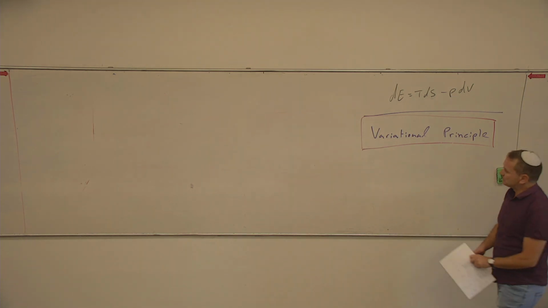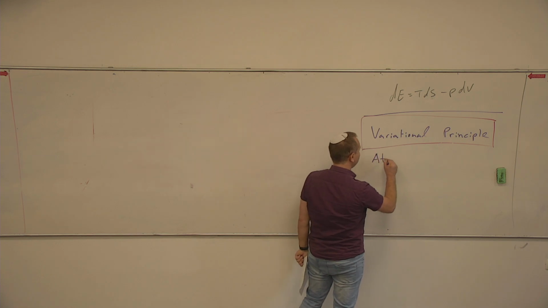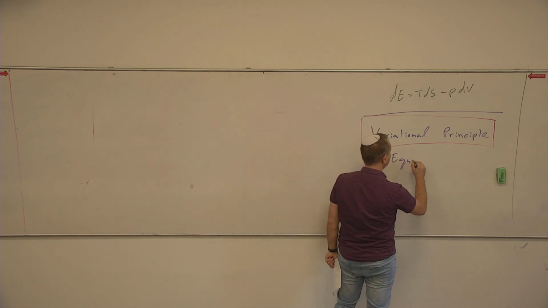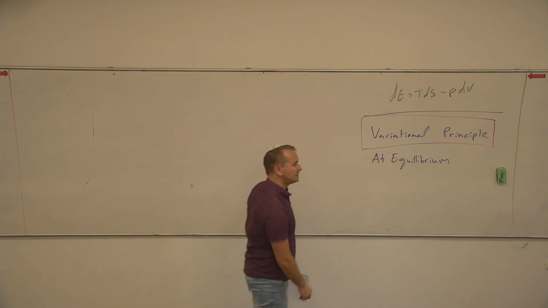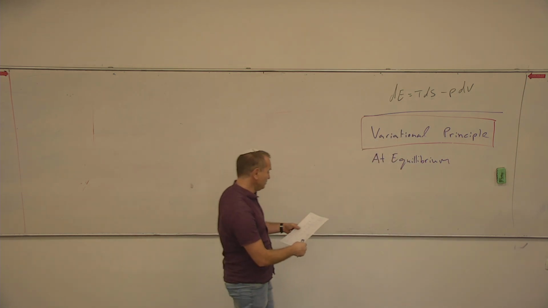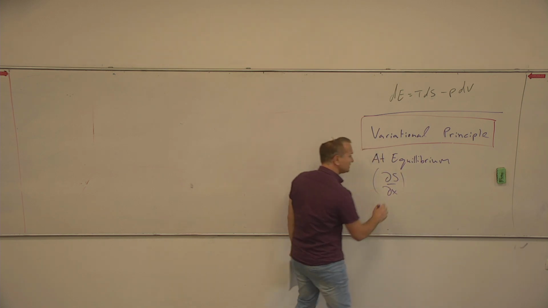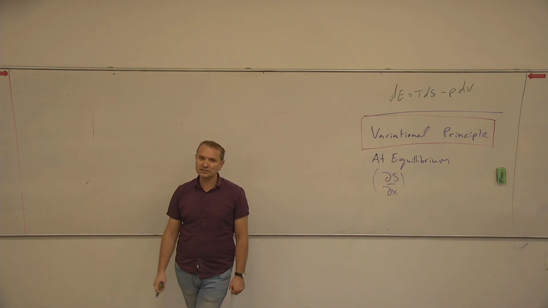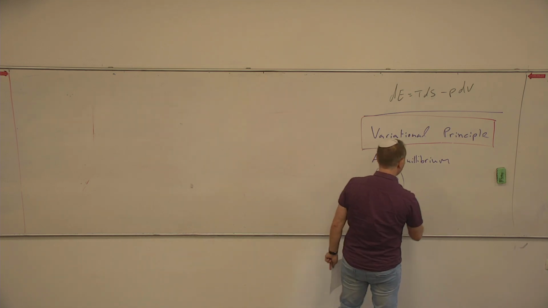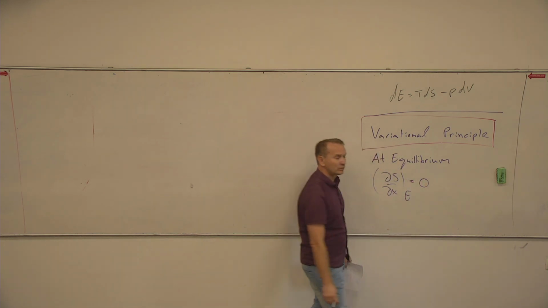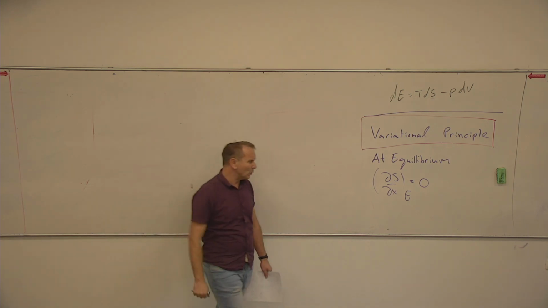First of all, what we know is that for entropy at equilibrium, since S is maximal, ds/dx, where x is some coordinate inside my system, some constraint that I'm using, with constant E, equals 0. In order to be a maximum, the first derivative has to be 0.